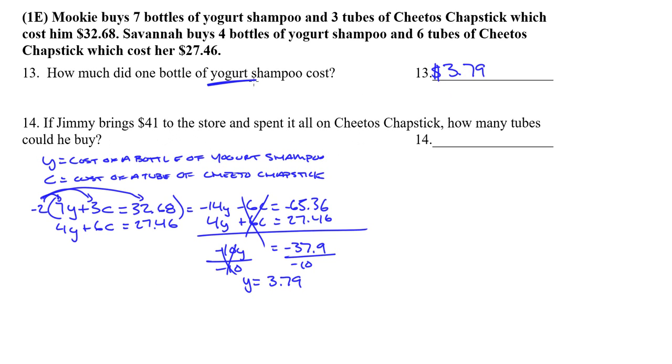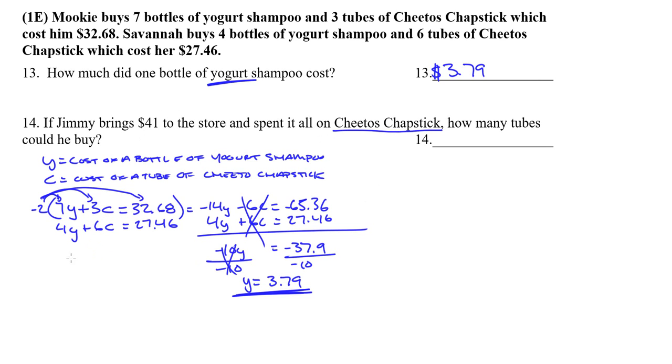So we know how much a yogurt shampoo costs. We have to figure out how much a Cheeto chapstick costs, and then we can figure out how many tubes you can buy with 41 bucks. All right, so we got y equals 3.79. Plug that back into either one of these to figure out our Cheeto chapstick. I'm going to probably plug it into this first one here because the C is a little small.